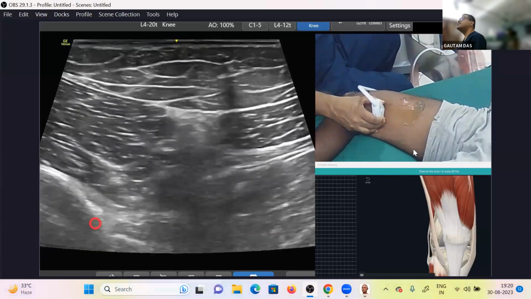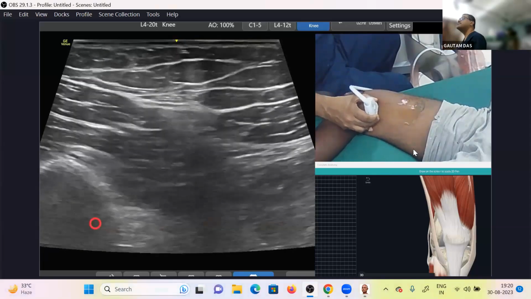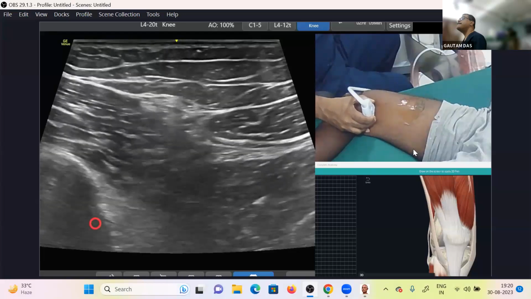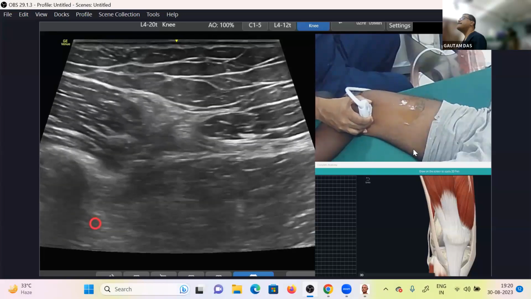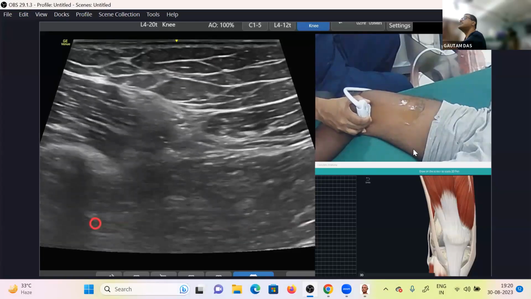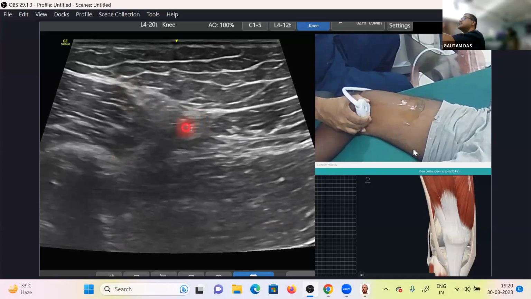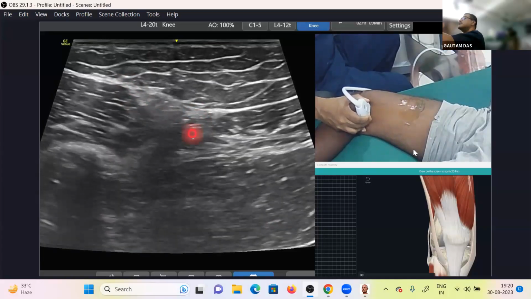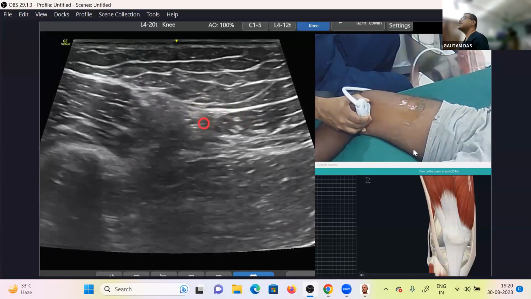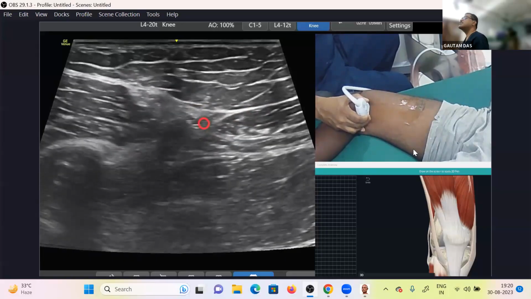Artery goes down. So here two nerves are very nicely seen. One, this is your intrapatellar branch, and this is your main saphenous nerve. This one, at the medial corner of the sartorius.